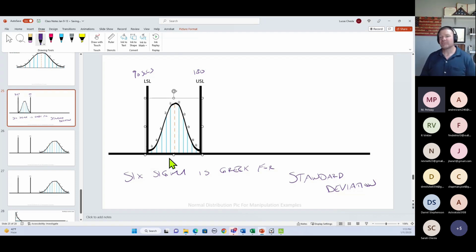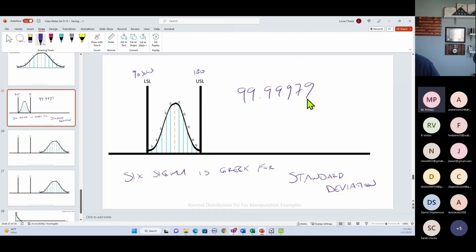We remove waste and remove variation from the process so that we can get 6 standard deviations above the mean and 6 standard deviations below the mean within those upper and lower spec limits. Practically speaking, that means 99.9997% defect free. That's what 6 sigma stands for. The name of the class, in English, would be lean 6 standard deviations.